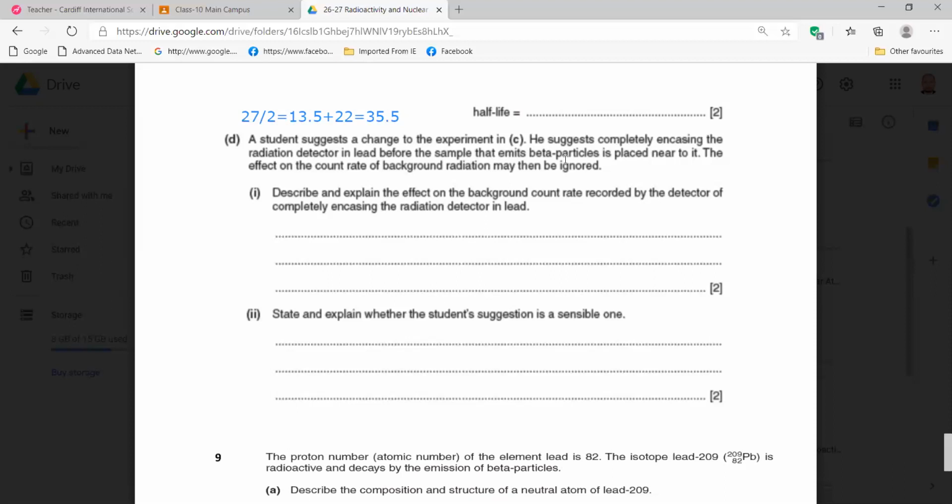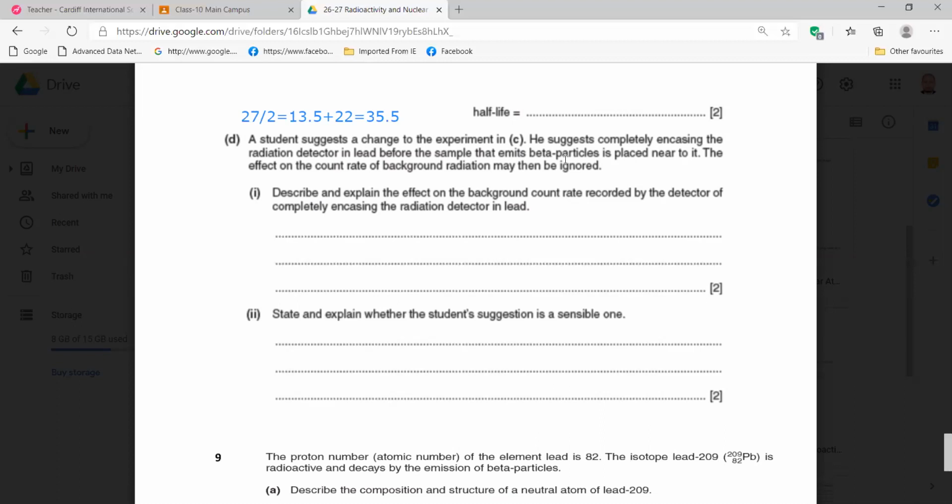Here we have: describe and explain the effect on the background count rate recorded by the detector of completely encasing the radiation detector in lead. Now they are talking about the background count rate. You don't know which radiation is coming from the background. There might be alpha, beta, gamma, isn't it?